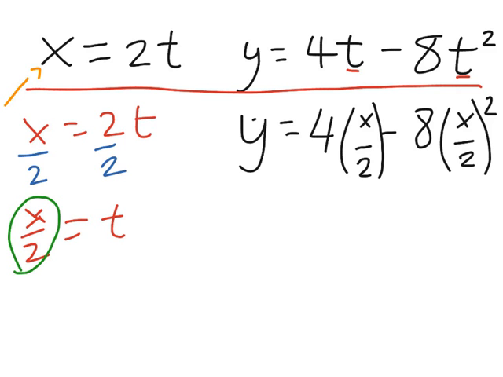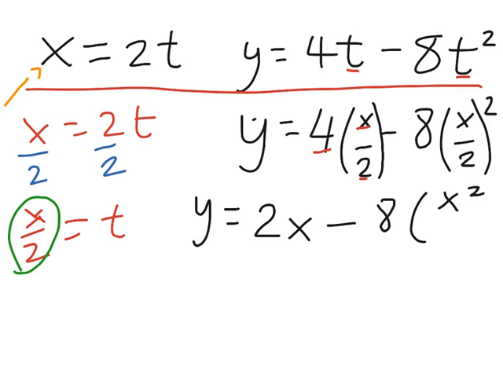Now let's simplify this. y equals, this is 4 times x divided by 2. 4 divided by 2 is 2, so this is really 2x. That's 8 times x squared divided by 4.